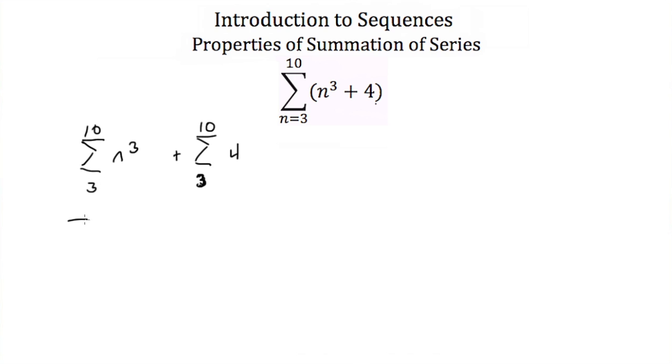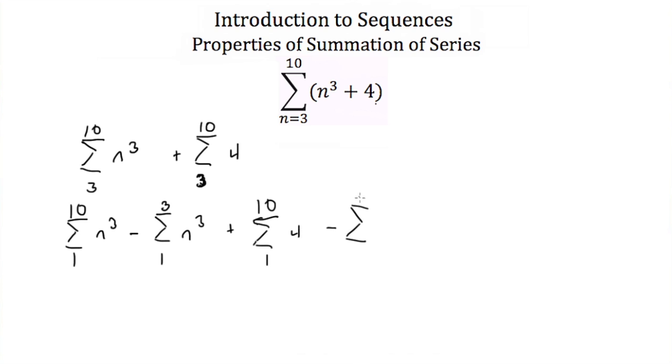So instead, I'm going to write this as from 10 to 1 of n cubed minus from 3 to 1 of n cubed. And I'm going to do the same thing for the second summation sign here. I'm going to go from 10 to 1 of 4, and then I'm going to subtract from 3 to 1, summing 4.